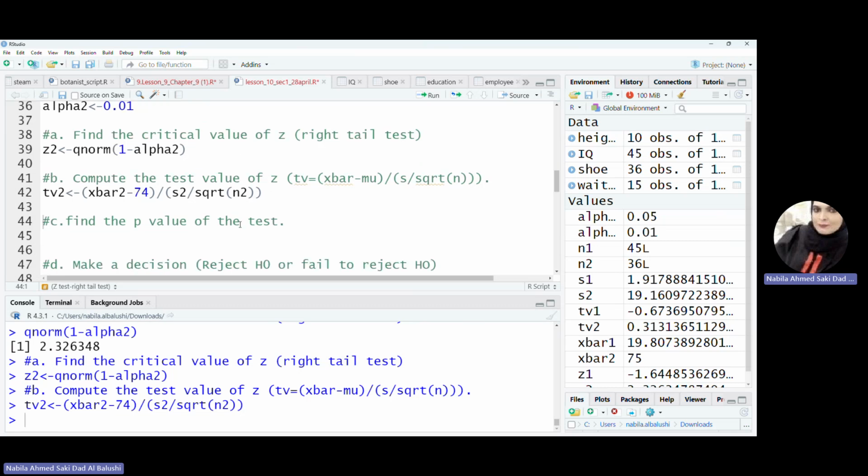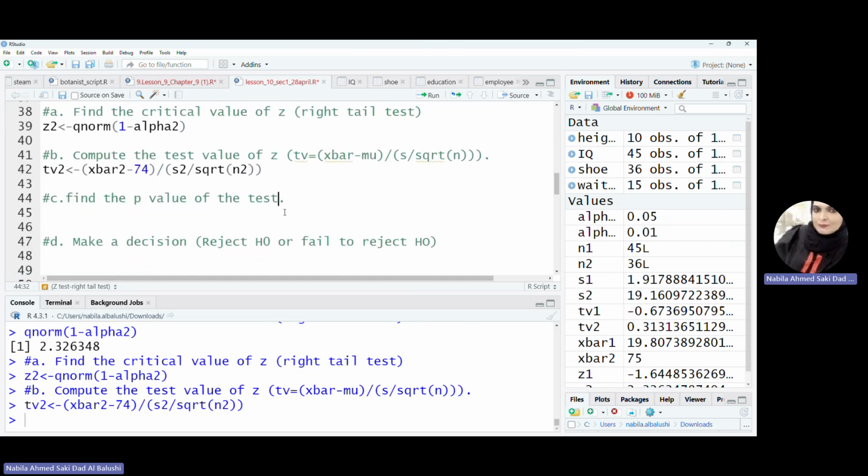Let's calculate the p-value. In this case, if it is a right tail test, the p-value will be the probability that your Z is more than the test value. We can't get the probability of more than in R. We need to use the complement rule. So 1 minus the probability of Z less than the test value.